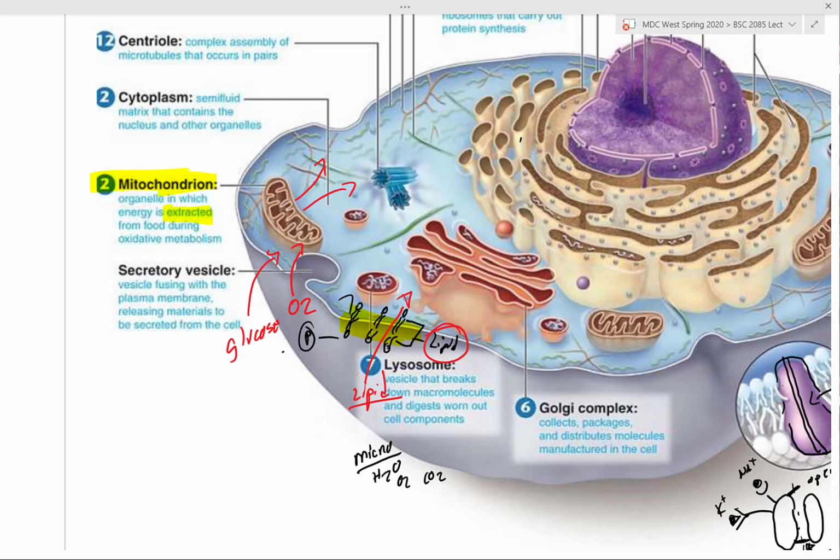And then as a side effect, what do we get? Side products. CO2, ATP, and hopefully we get something else. Water. Okay? For almost all cellular reactions, this side product is almost constant. You almost always get water and CO2. Okay?